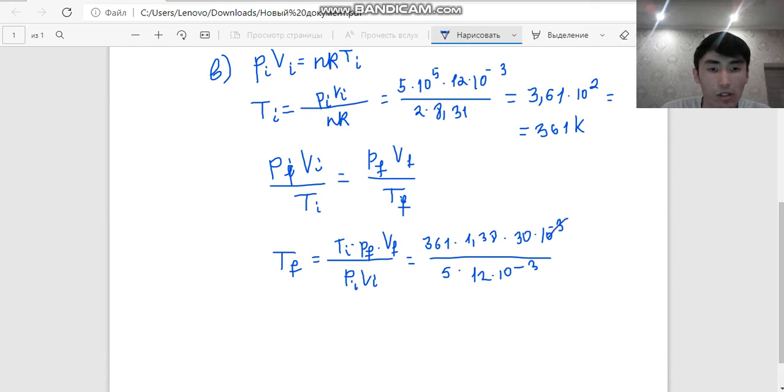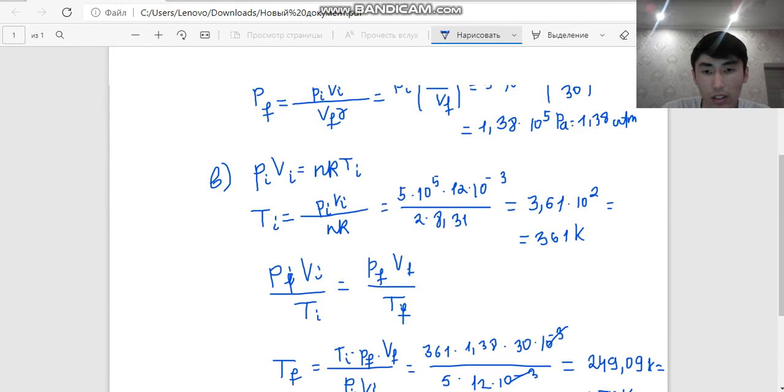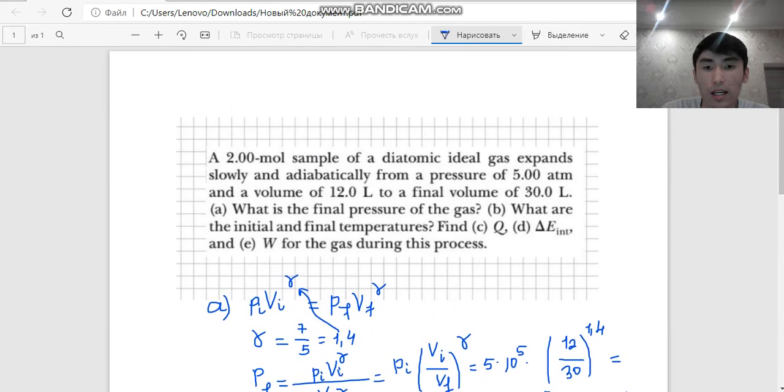So also here it will cancel. Let's write the result of the calculation. Here will be approximately 249.09 Kelvin, or we can write it as 250 Kelvin. So we found the final temperature.